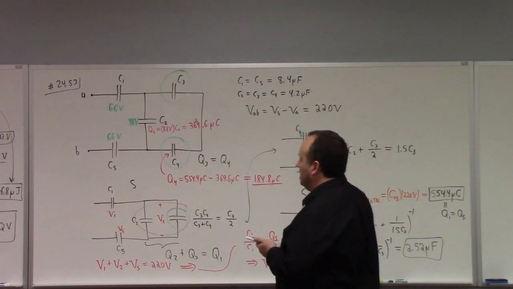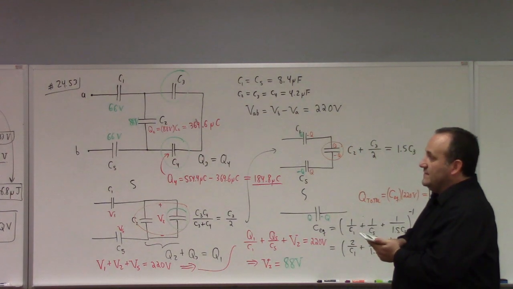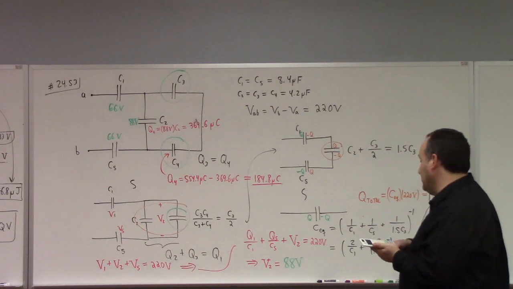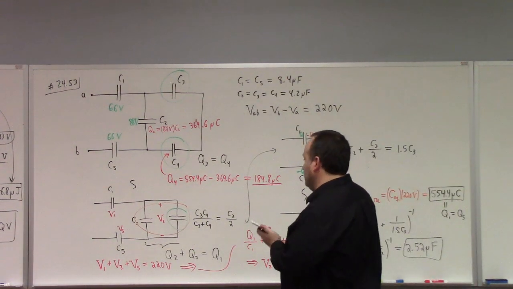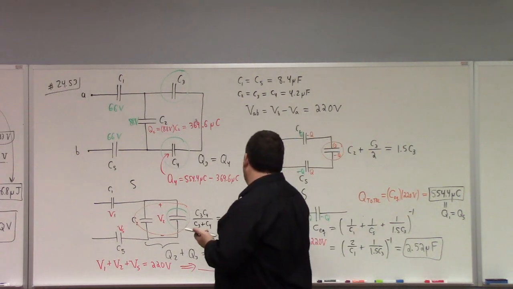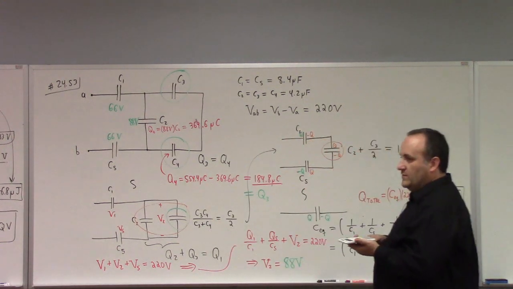So that would be Q4. And because C3 and C4 are a series combination, that is also equal to Q3 as well.